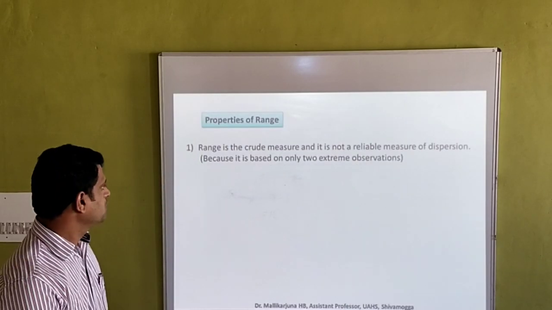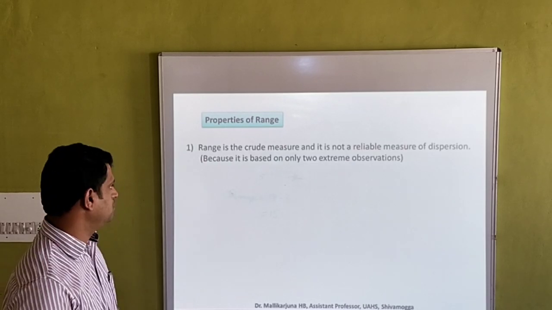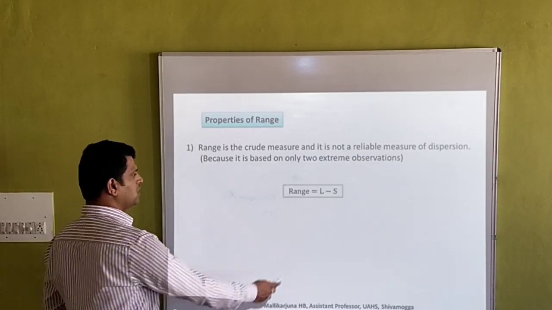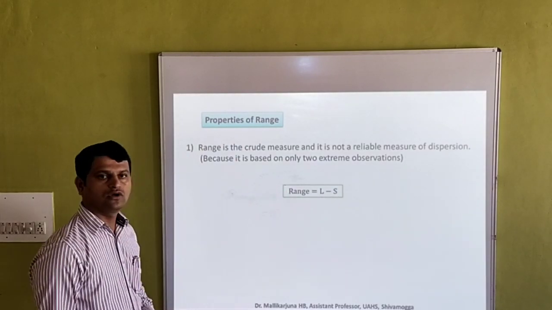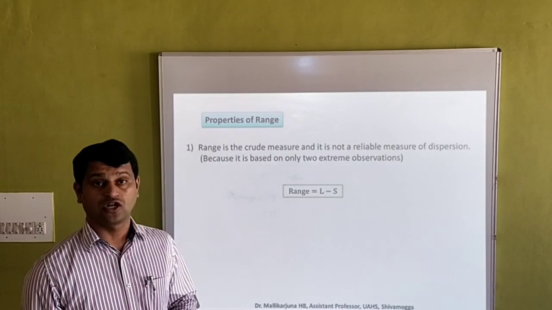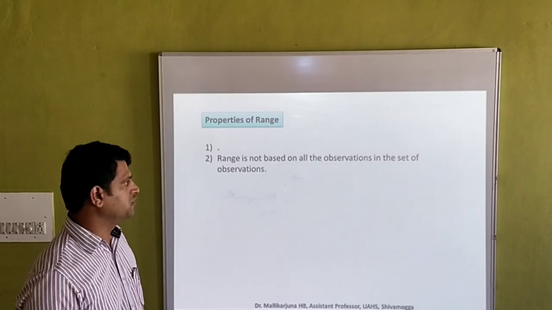Properties of range. Range is a crude measure and it is not a reliable measure of dispersion because it is based on only two extreme observations. From the formula we can observe that it is based on only two observations. That's why we can say range is a crude measure but not a reliable measure of dispersion. Range is not based on all the observations in the set.